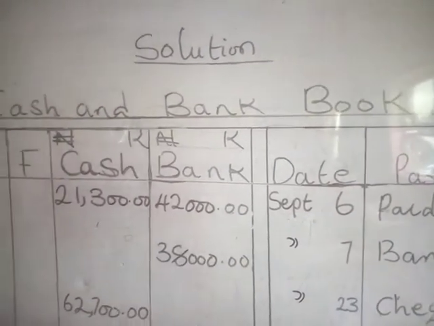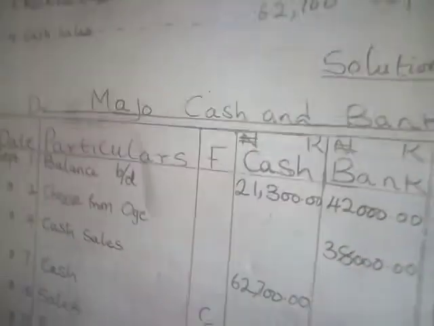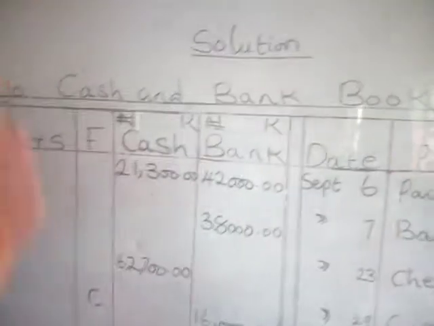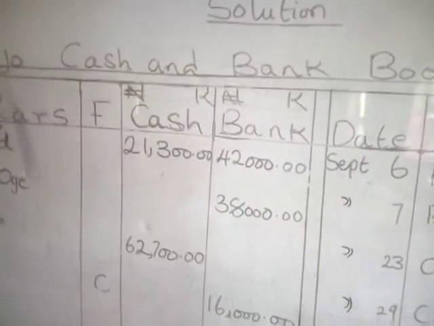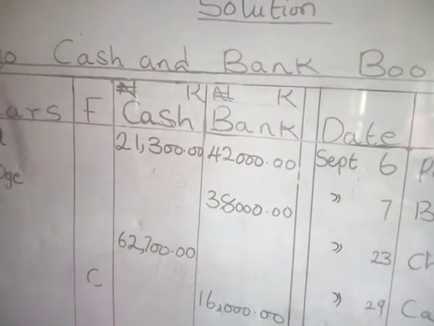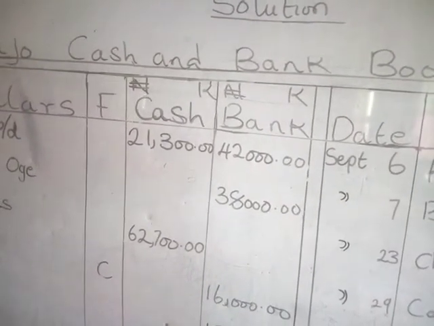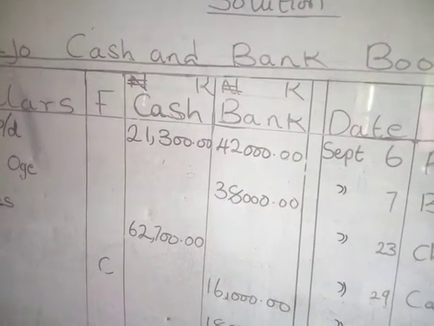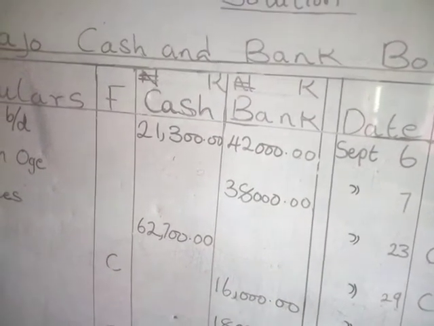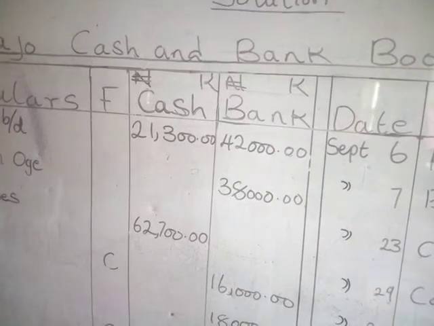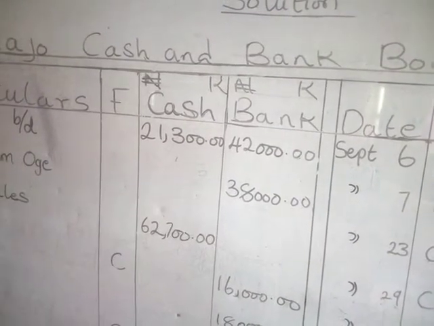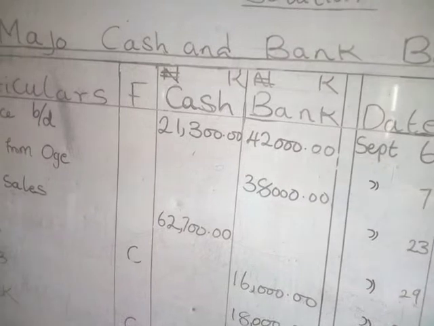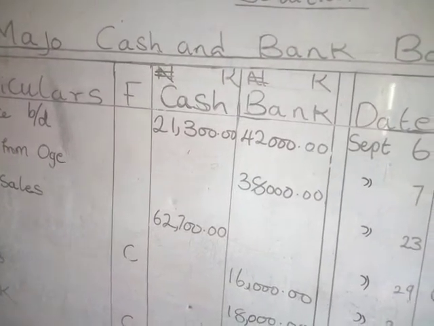Remember in our last week's lesson, I told us that every expense you make, you credit it. It should be at the credit side. Any income that enters into the business, you debit it. So now let's start posting our information into the cash book.